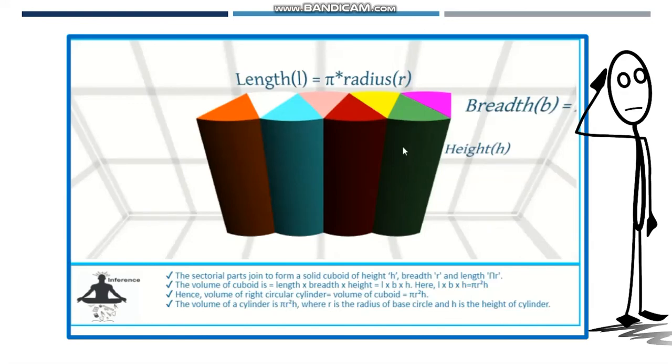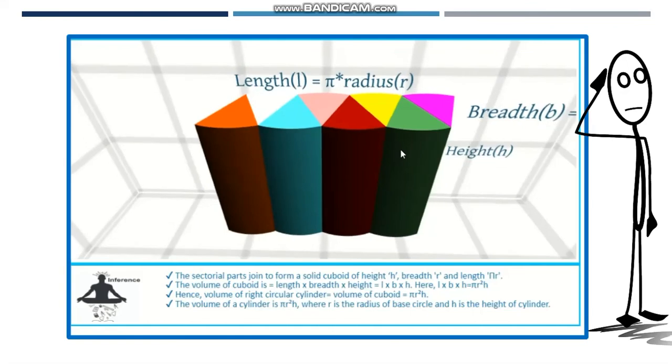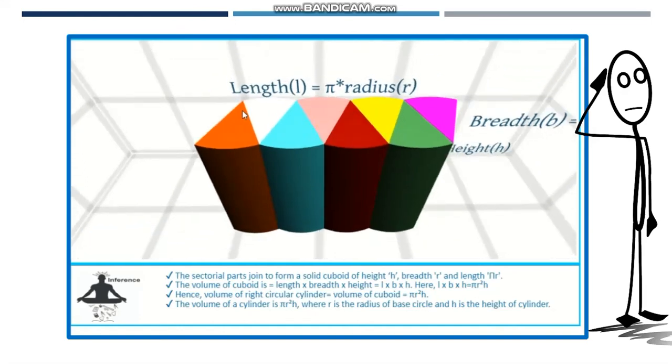How can we find the volume of a rectangular prism? Yes, it's the area of the base times the height. And the logic behind the volume of a right circular cylinder is the same. How can we find the base area for this one?